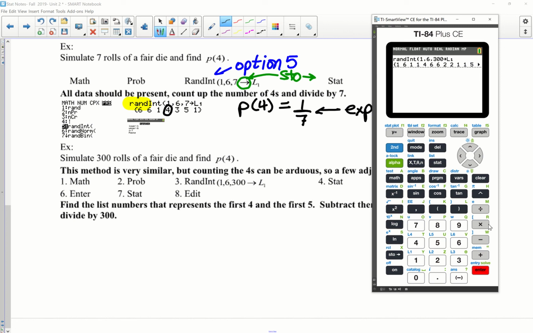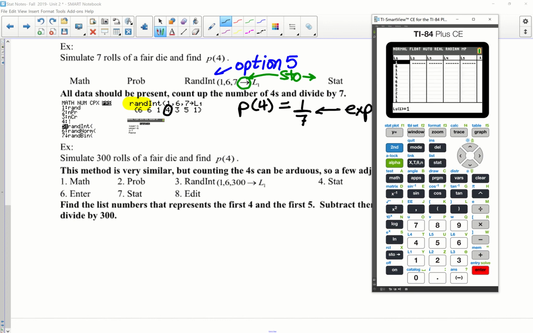Here, the right arrow tells me that if I hit the right arrow on my calculator, I can start seeing more values. But then eventually it gets difficult to keep track of the transition from one screen to another. So that's where we want to go into the stat editor.